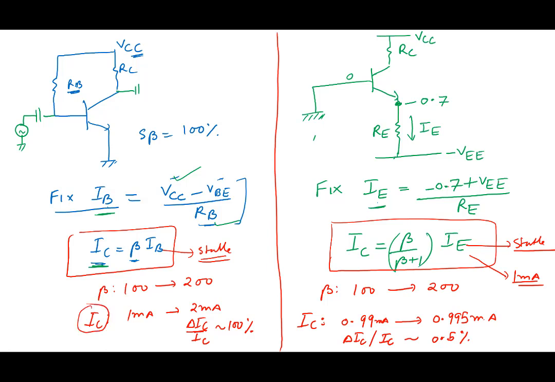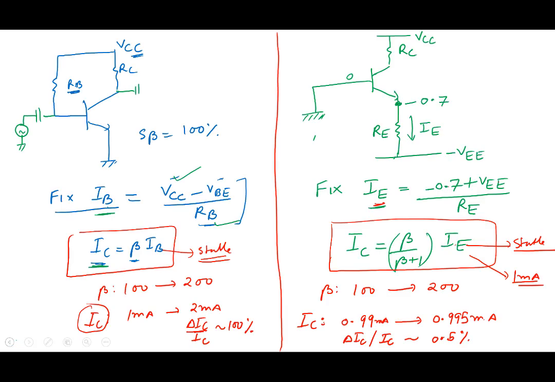In the next case, IE is being fixed through the resistor and supply voltage, and IC is being derived from IE, and it is very stable. Same transistor in both the cases. Same variation in beta, 100 to 200. In one case, IC hardly varies, 0.99 to 0.995. In the other case, IC varies so much.